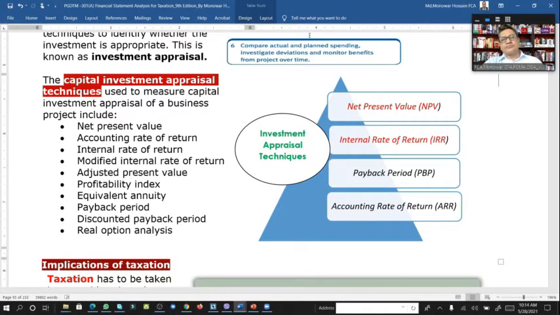For example, NPV and IRR consider the time value of money and use the whole life of the project. But payback period and accounting rate of return do not consider the time value of money.